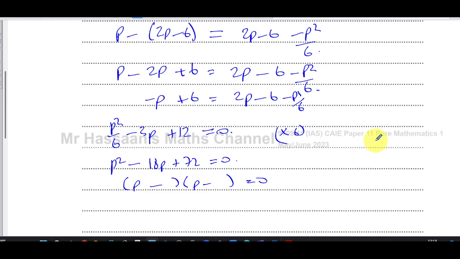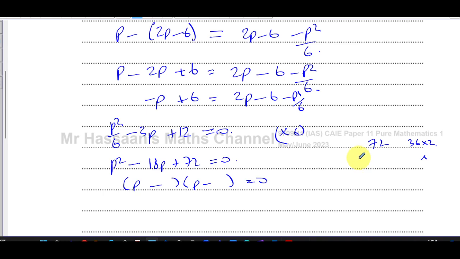So let's have a look. What numbers can we think of? All the ways of getting 72. You have 36 times 2. You have anything times 3. Is it 14 times 3?